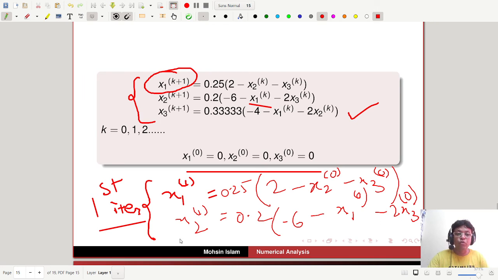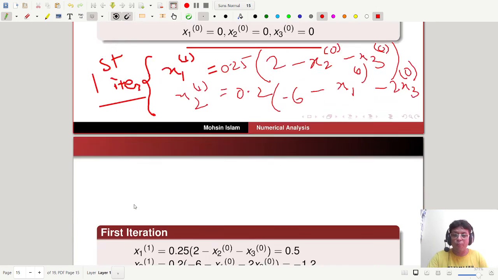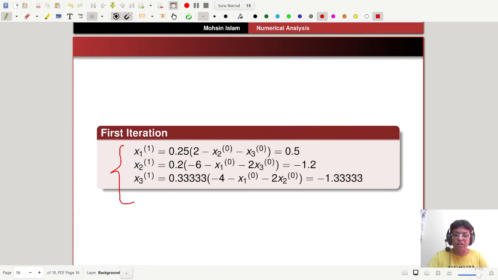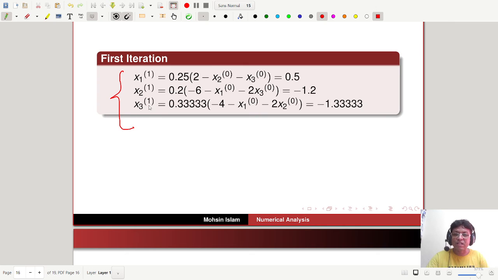You are not using the improved values in the second equation, but after the first iteration we can calculate the improved values. So this is the first iteration. All are in terms of zeros, and on the left you have x1(1), x2(1), x3(1), the first iteration. Now I will write the second iteration: x1(2), and the right-hand side will be, let me show you, 2 minus x2(1) and so on.